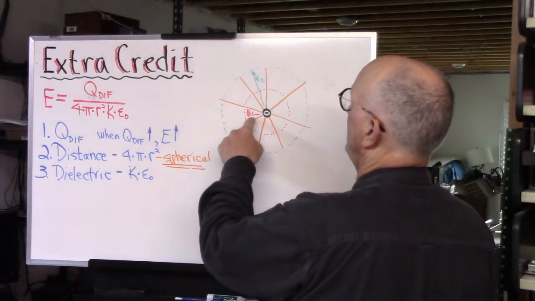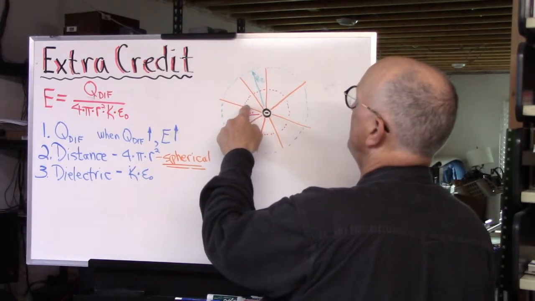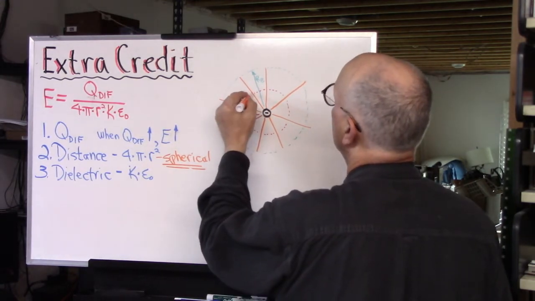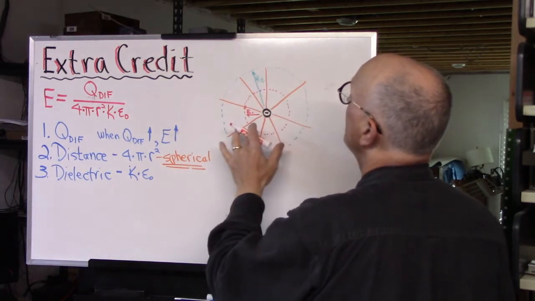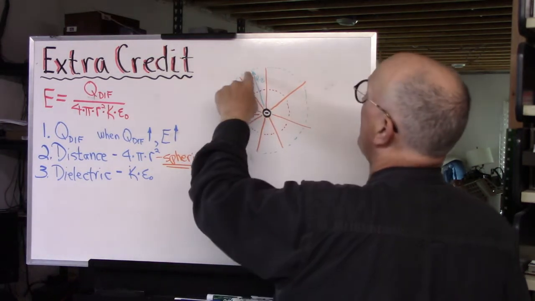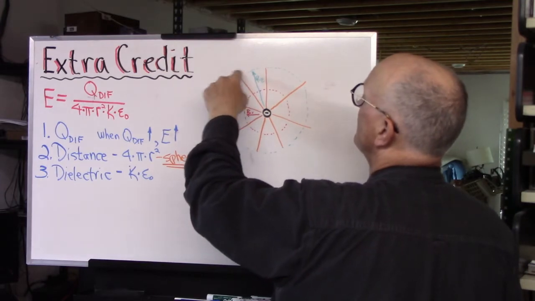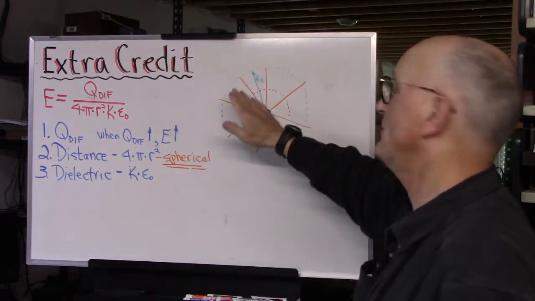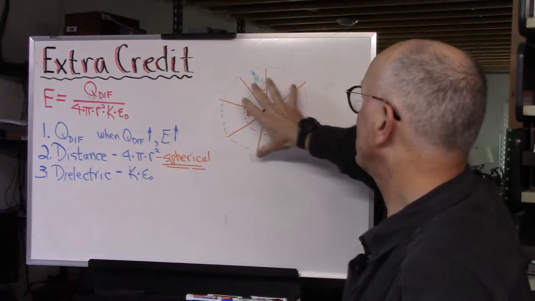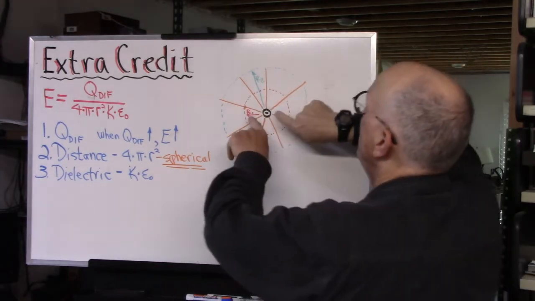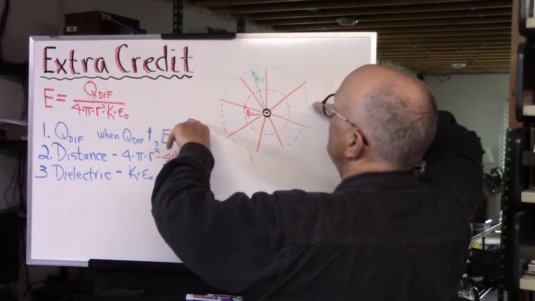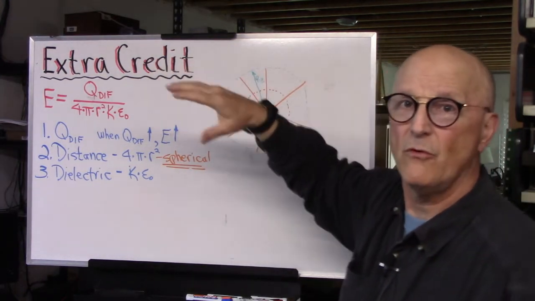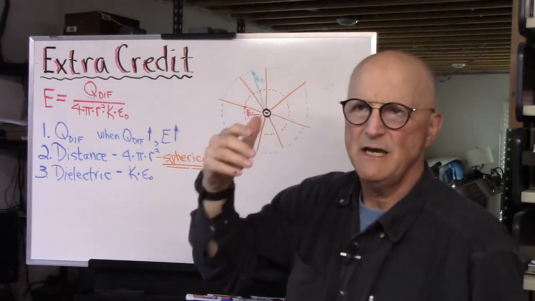And here we are at radius 1, and notice how far apart these are here. We're right from here to here. They're not very far apart. But now we go out to a larger radius, and you notice how they're diverging as they go out. So it makes good sense that the electric field intensity, as we go away from this charge, goes down more and more and more and more, because you have the same amount of energy, the same stuff.